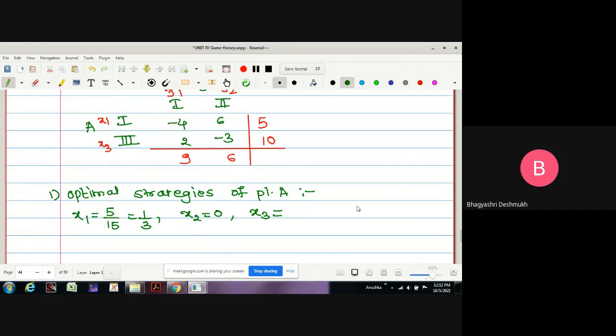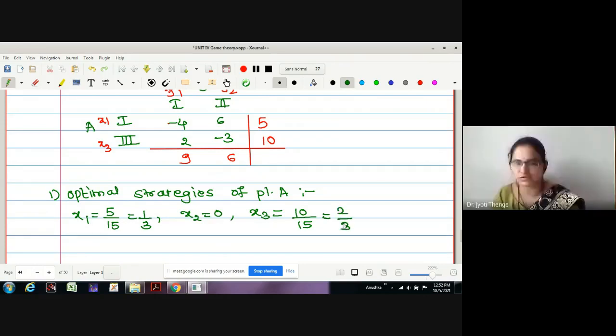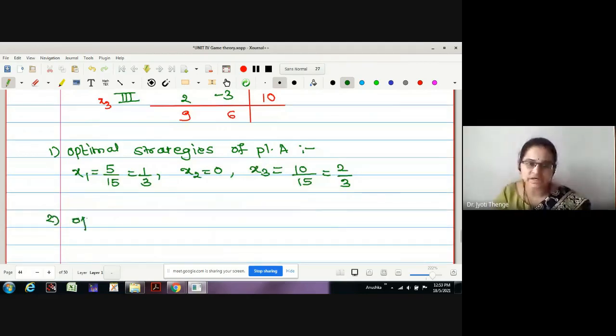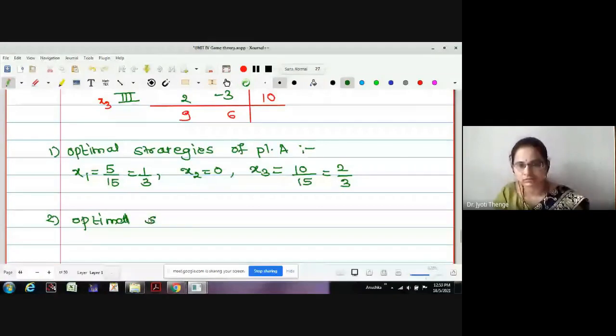X3 is there, no? For X3 it is 10/15, that is 2/3. These are the optimal strategies of player A. What are the optimal strategies of player B? Y1.